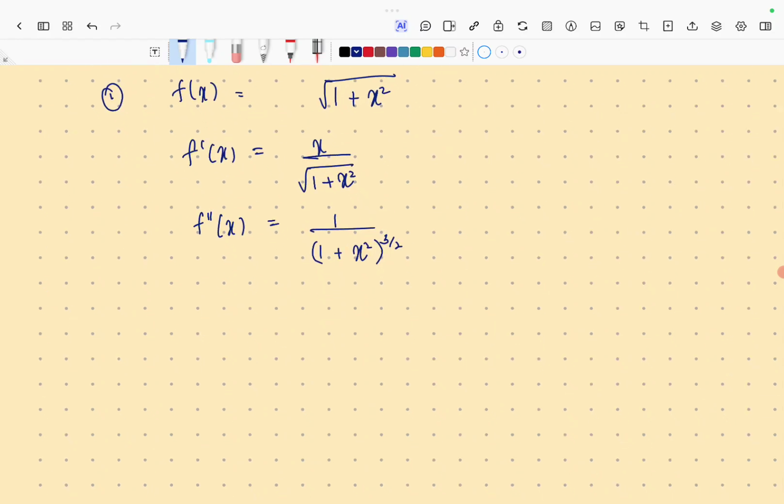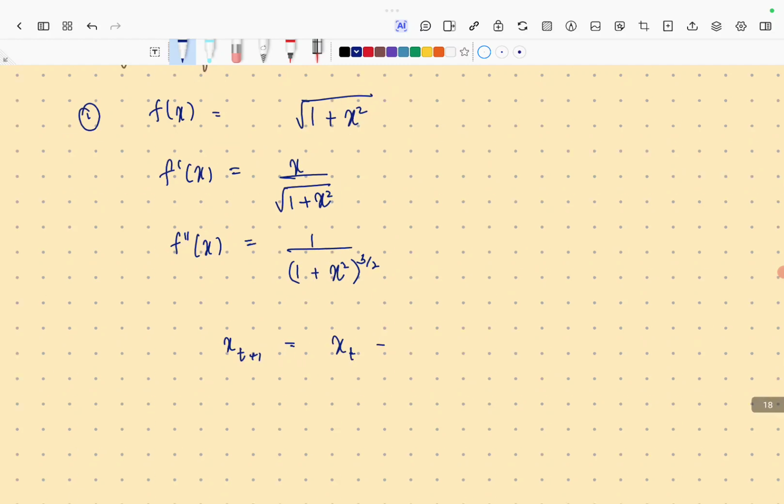Okay, so now let's see what happens in Newton's method. What is x t plus 1 equal to? x t minus the first derivative divided by the second derivative.